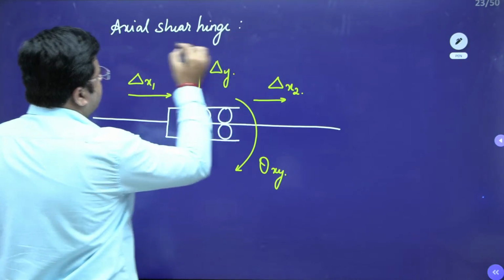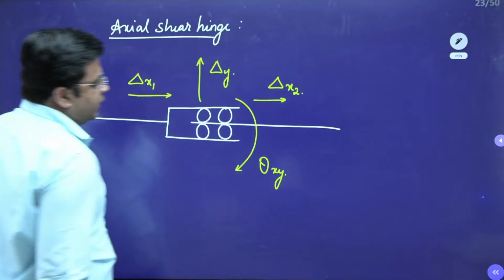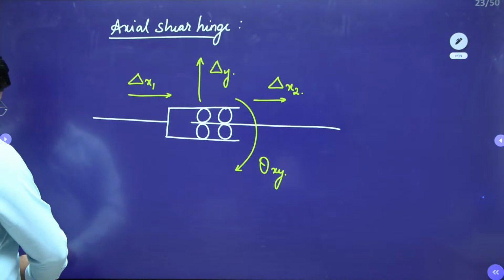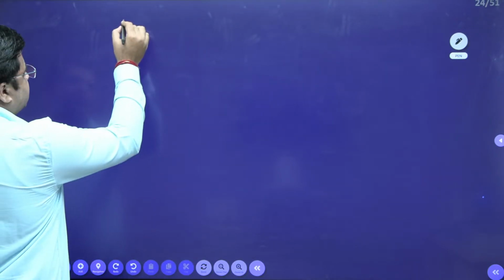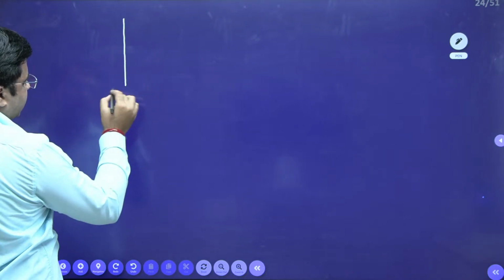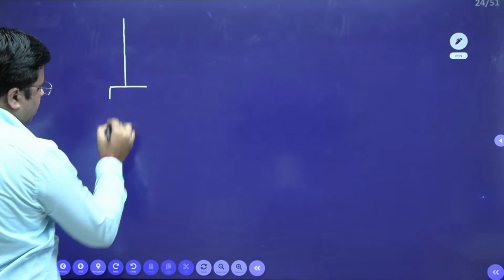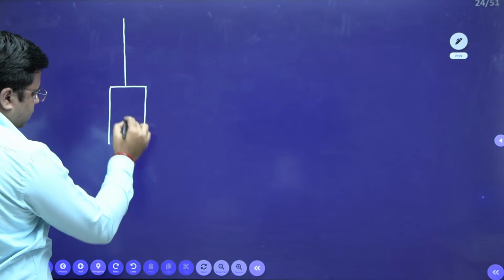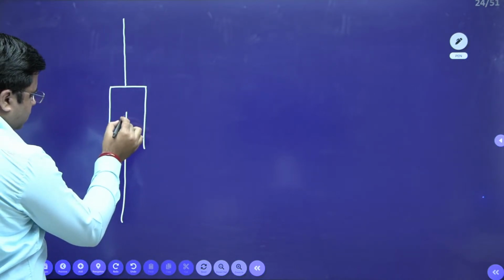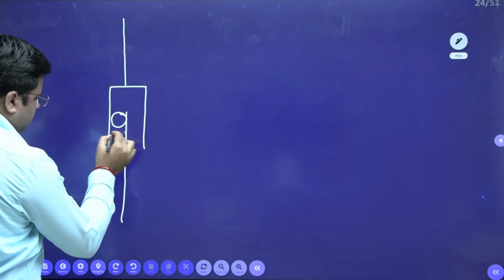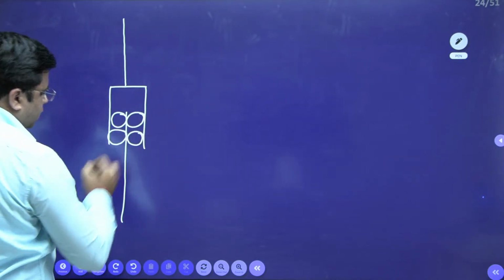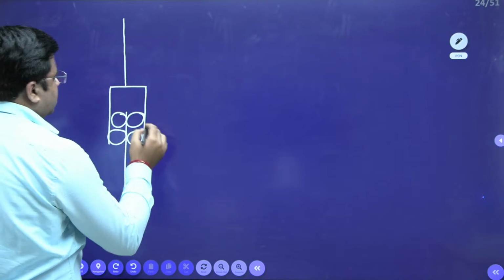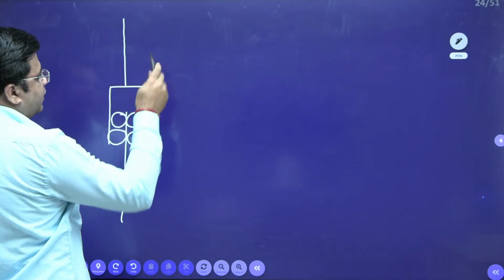So this is your axial shear hinge, right? Similarly, when we talk about the axial vertical hinge, it will be something like this. For this axial vertical hinge, you can have one translation like this.